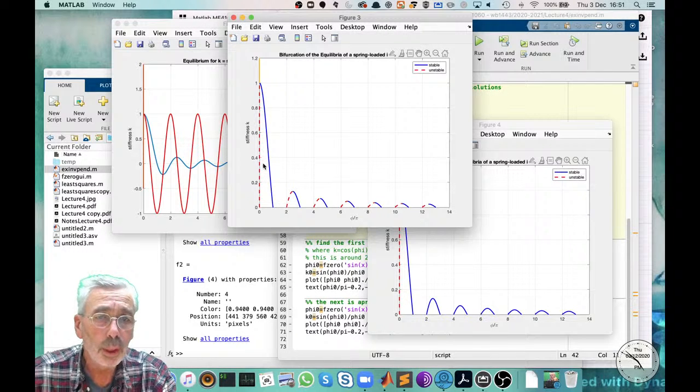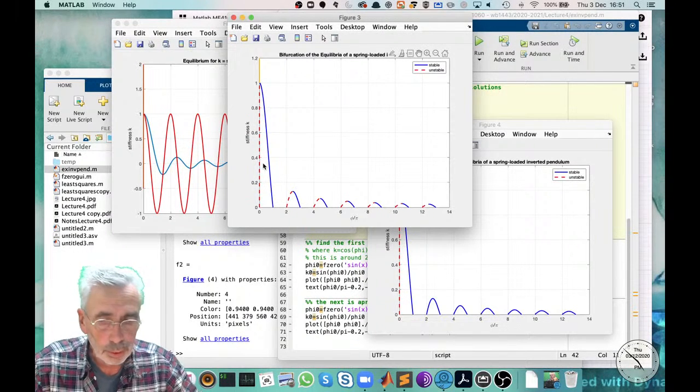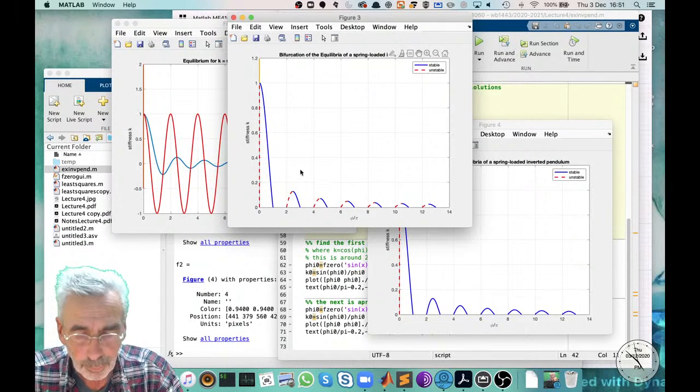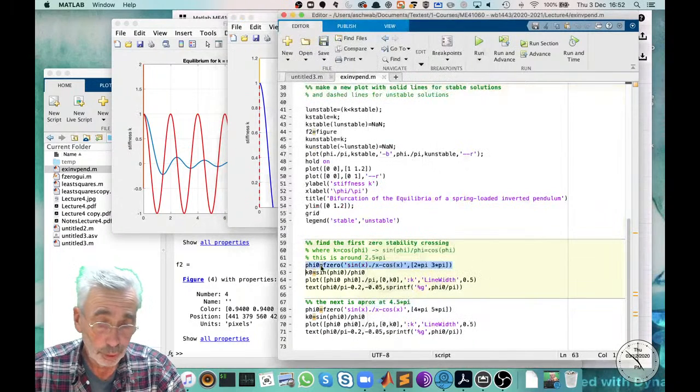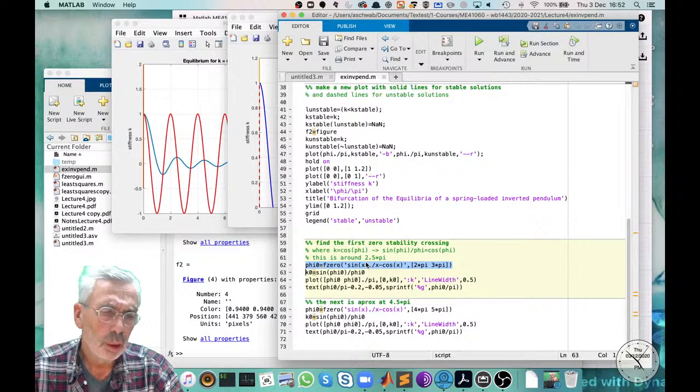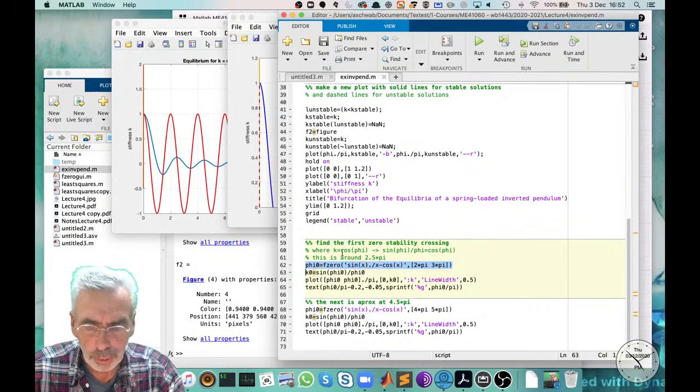I will post this on the website, and then you can have a look at how I do the plots and the different colors, different line types, finding all these zeros, and of course using this f0 function, which you can do for a scalar function. You can also do it for more equations and more unknowns. Well, read all about it. That's homework.